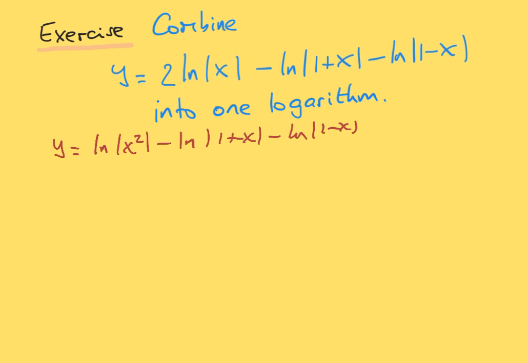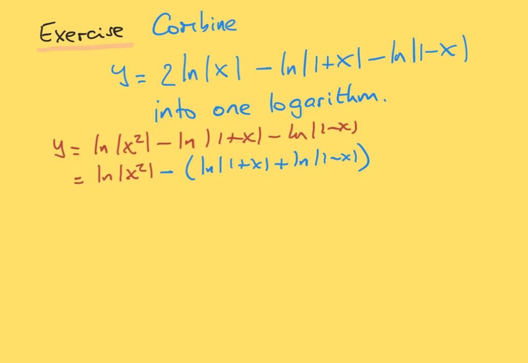One way would be to say, well, this is the logarithm of the modulus of x squared, and both of these terms have got minus 1 multiplying them. So I could write that this is minus open brackets the logarithm of the modulus of 1 plus x plus the log of the modulus of 1 minus x. And then I can combine these terms as the logarithm of 1 plus x times 1 minus x.